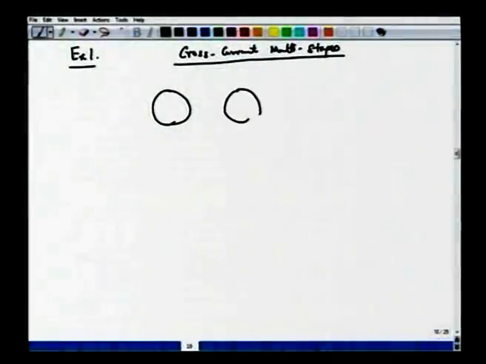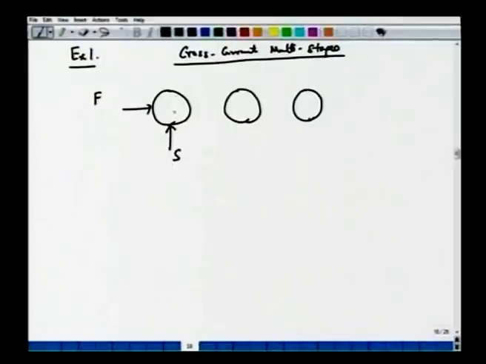So we take this first example, one on cross current multi stages. Okay. So we are looking for stages like this, where we have this feed, we bring it in contact with the fresh solvent, we have the extract and the raffinate.